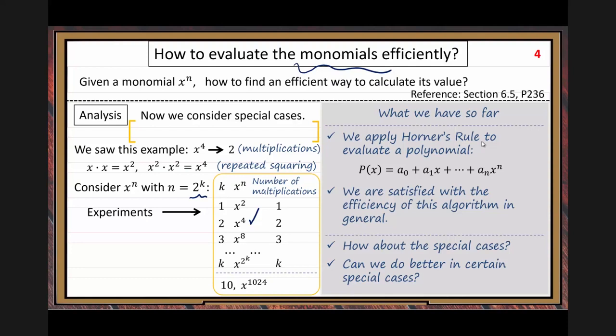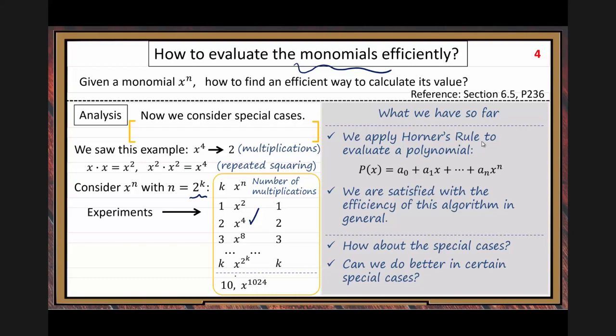If we just use our old way, every time multiplying by x, how many multiplications? Good, perfect. 1023, not 1024, okay? 1023, because the leading coefficient is 1. 1024 is the case if the leading coefficient is not 1.